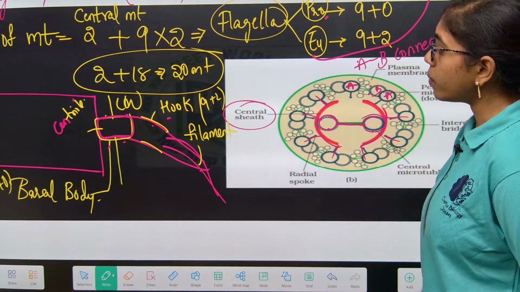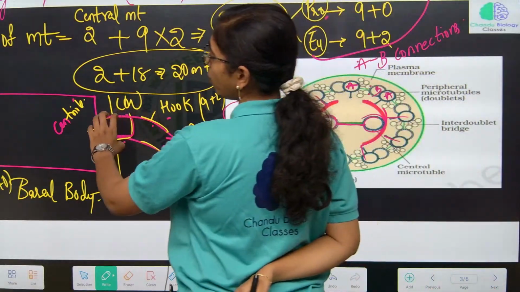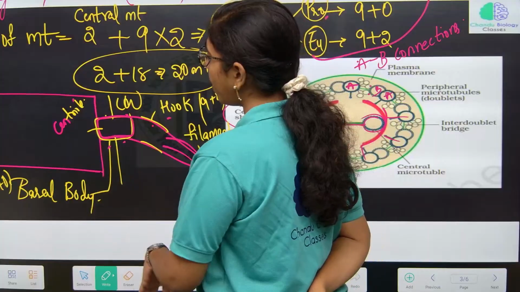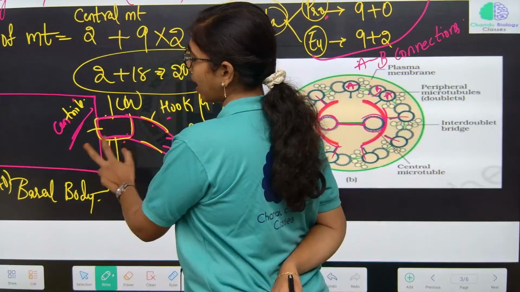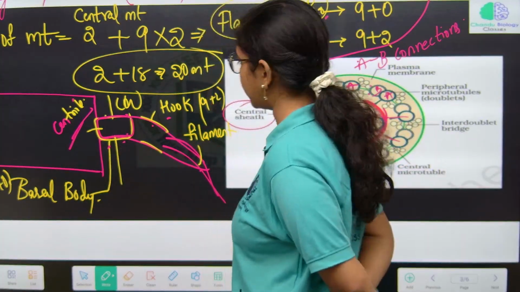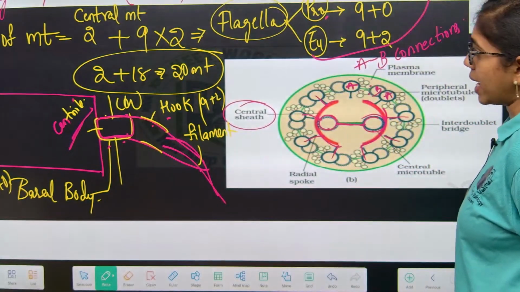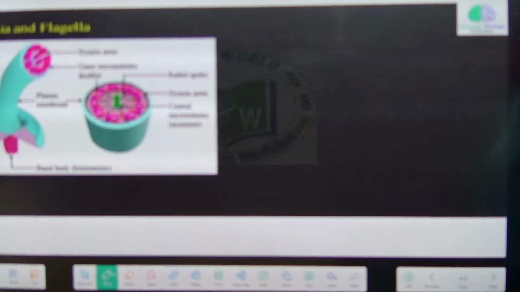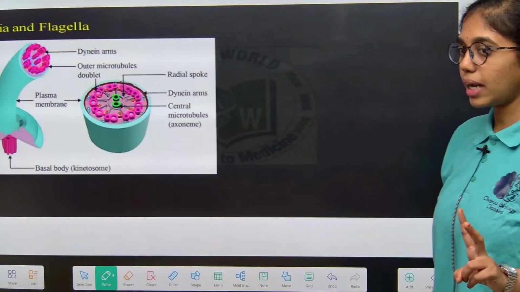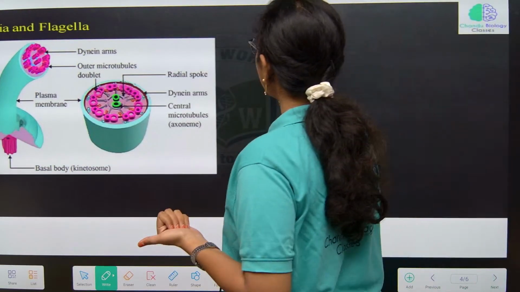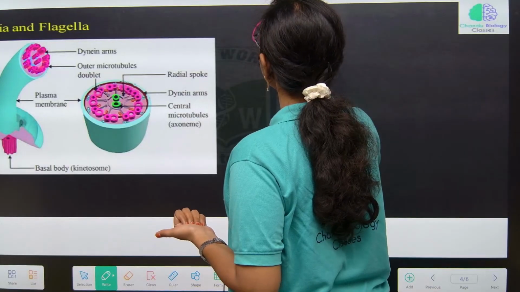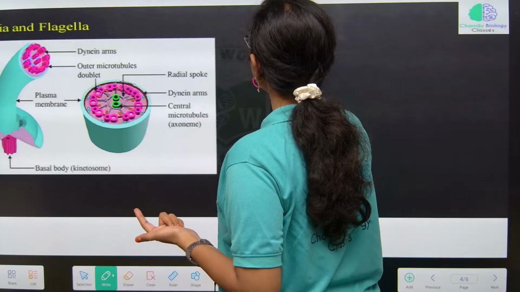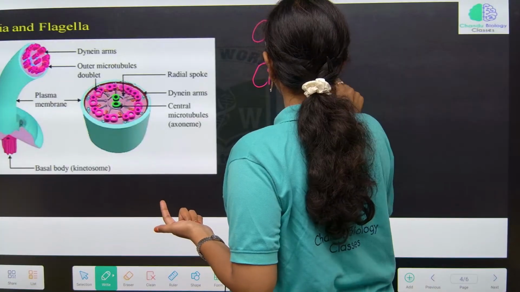In 9+2 arrangement also, the basal body of the flagella is adjoined to the cell membrane or cell wall by what? Centriole. So, it is having 9+0 arrangement only, basal body with 9+0 arrangement. Clear, right? Now, so now we are clear with two things. What are they? One is centriole microtubular arrangement, and second is cilia and flagella.